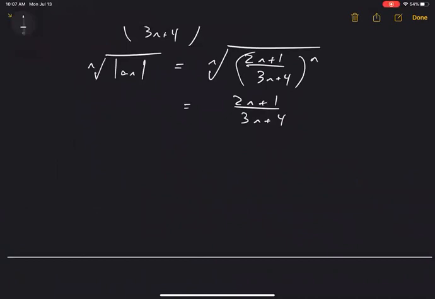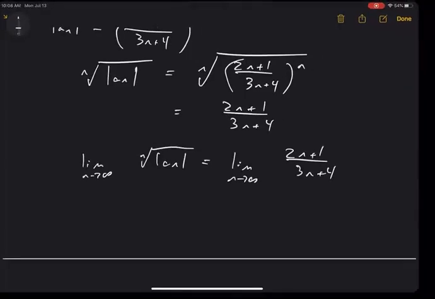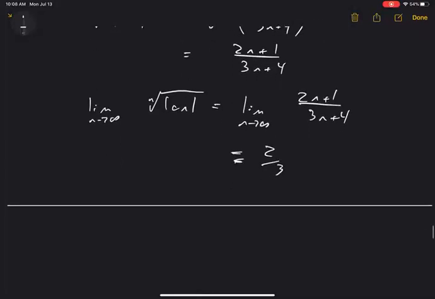Okay. So this is my nth root of the absolute value of a_n, and now I want to consider that limit. What's this limit? It's equal to 2/3, which is less than 1.